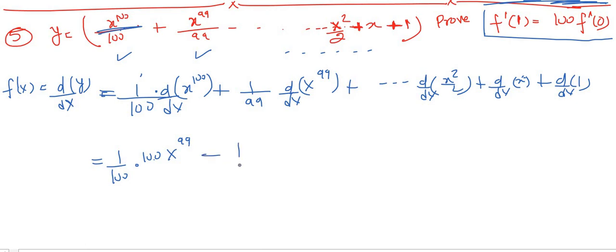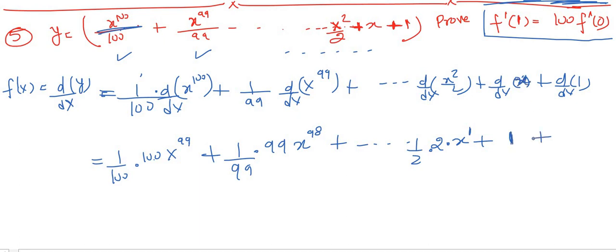Then 1 by 99 into 99 x raised to power 98, and so on. 1 by 2 into the derivative of x square, which is 2 into x raised to power 1, plus the derivative of x, which we already know is 1, plus the derivative of 1. It's a constant, so the derivative of 1 is always 0. I hope you know this.